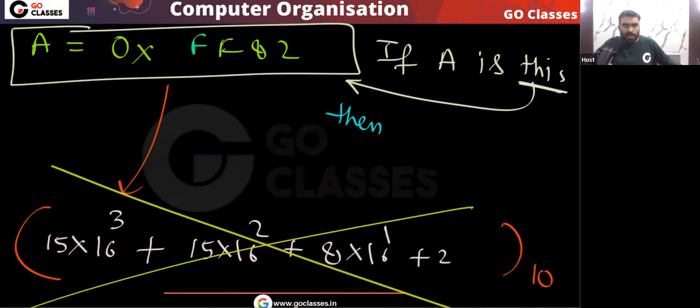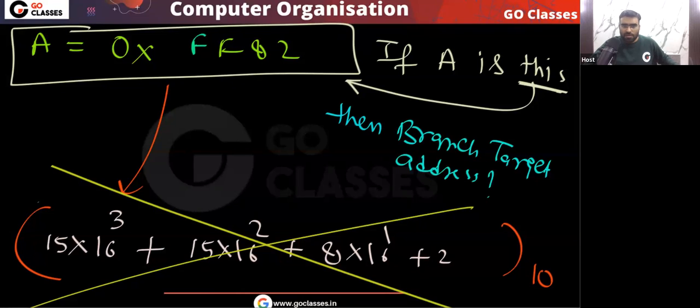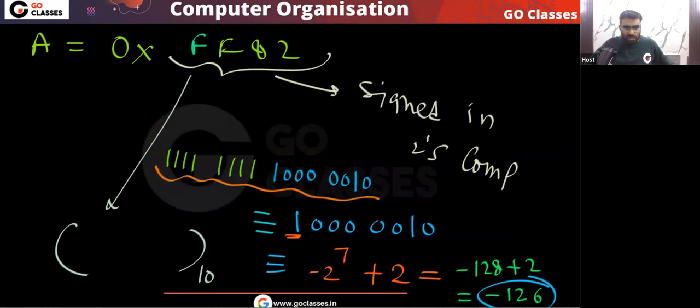Then you tell me the branch target. Tell me what will be the branch target address? Your final answer. You tell me now the final answer. So the final answer, your branch target address.